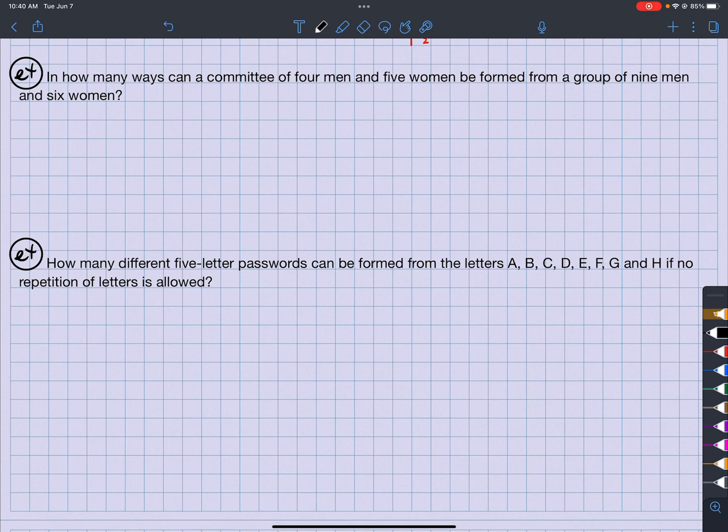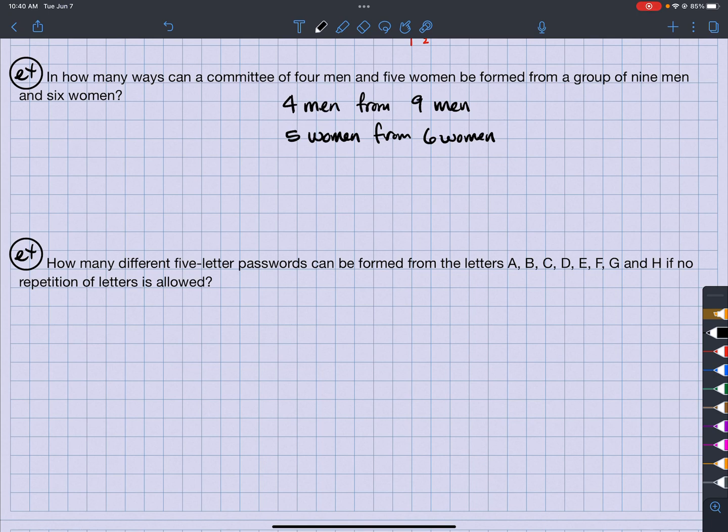So in other words, we have to choose 4 men from 9 men, and we have to choose 5 women from 6 women. Right?